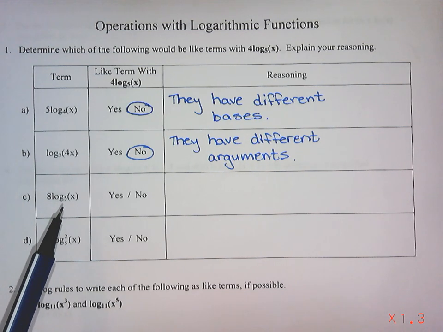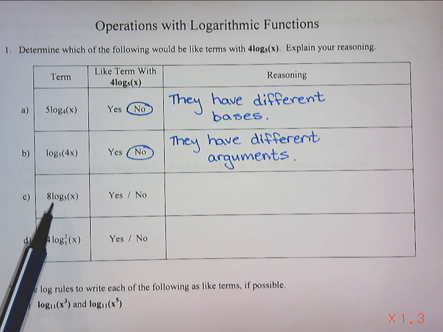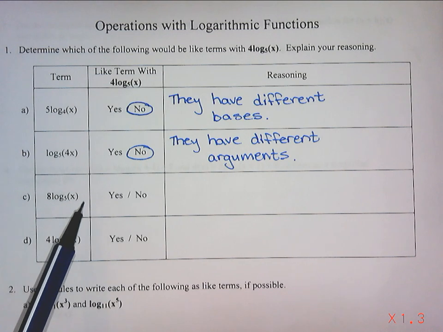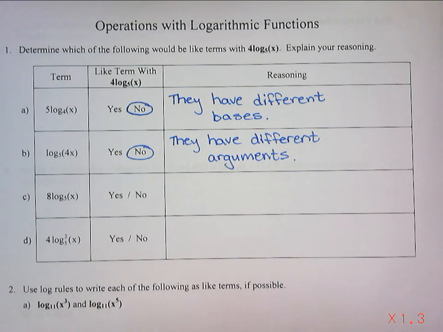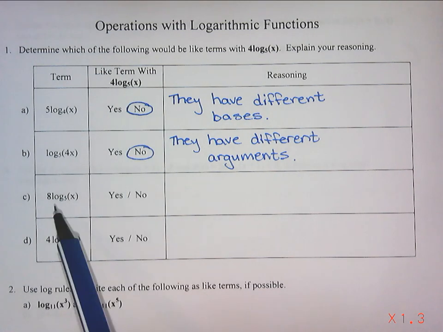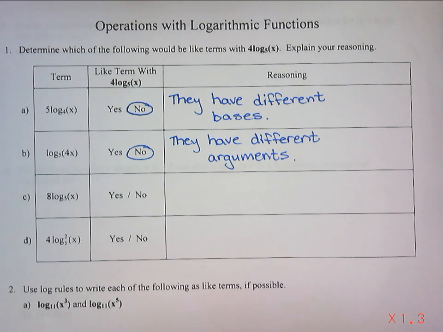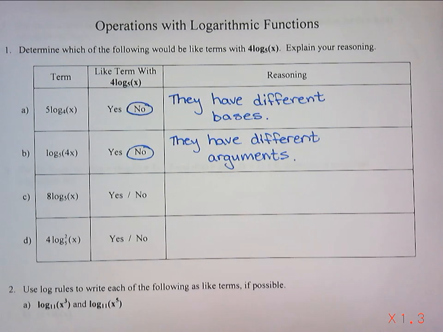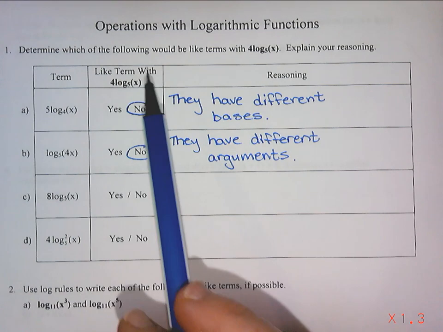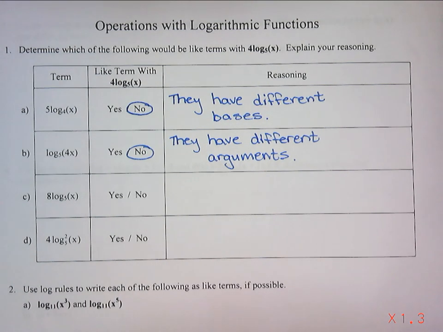All right, part C says 8 log base 5 of x. So is that a like term with 4 log base 5 of x? Do they have the same base? Yes, they both have a base of 5. Do they have the same argument? Yes, they both have an argument of x. Do they have the same exponent? Well, neither of them have a visible exponent, so I'm going to say yes. The only thing that's different is the coefficient in front, and that's okay.